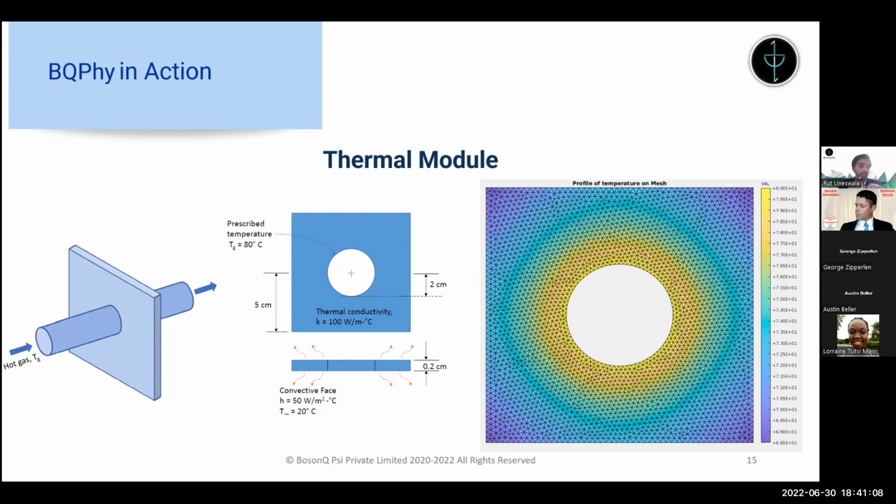And so in essence, all of our development, from the very inception of our company, we kind of set this direction for BQP, or BosonQ Psi, that we don't necessarily want to restrict ourselves to using a single type of quantum-based architecture.